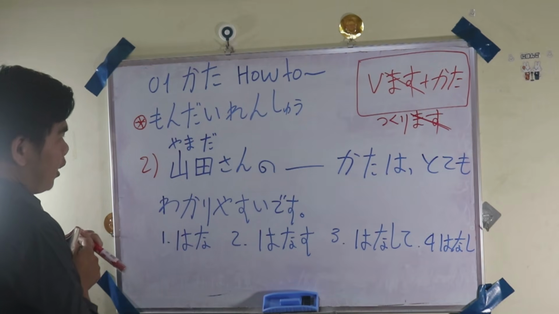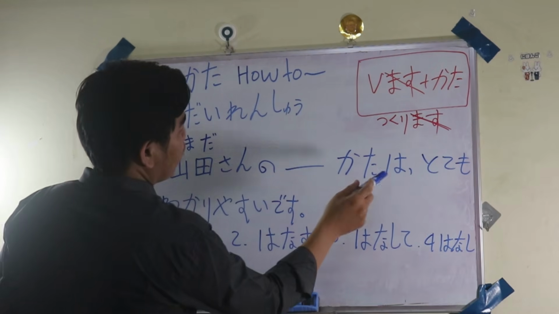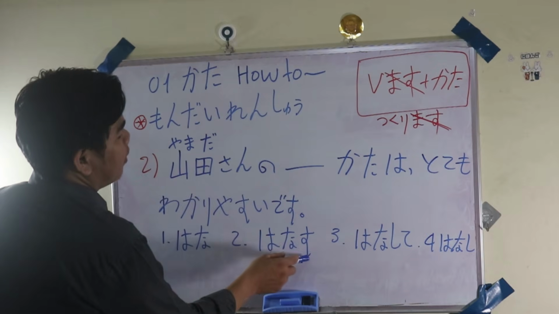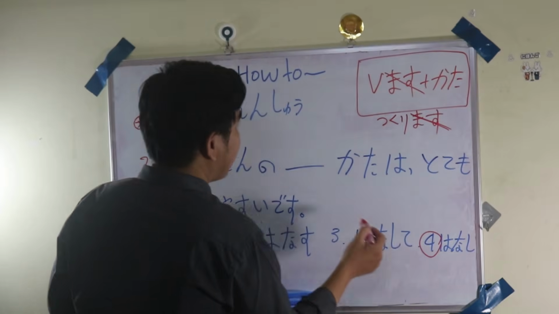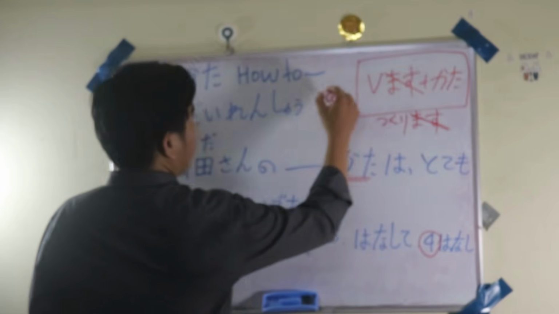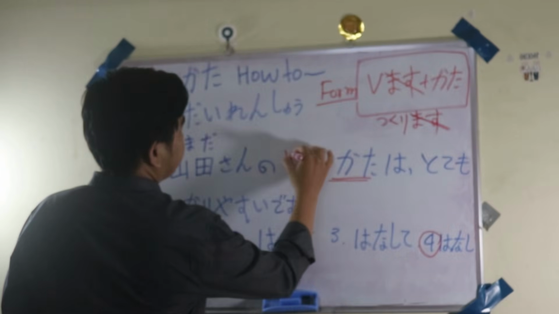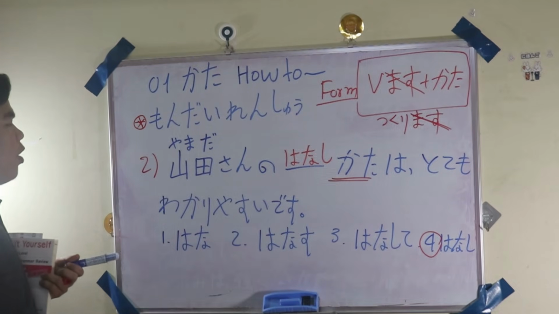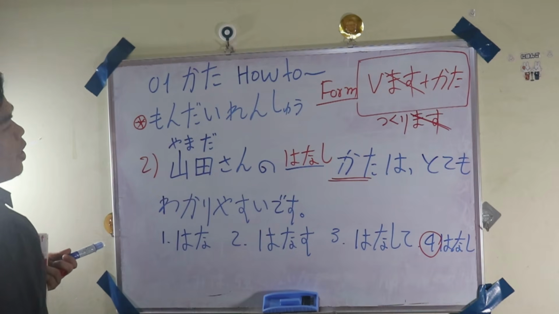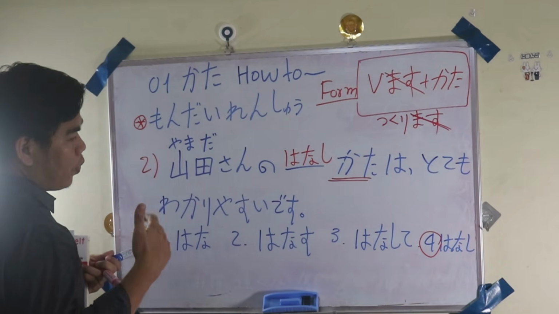Everyone, please try again together. 山田さんの話し方はとってもわかりやすいです。 The correct one is number 4, 話し方. This is the form. When you remember the form, it is easy.